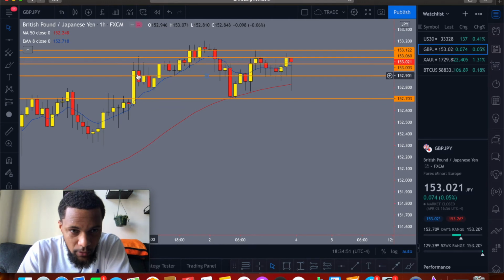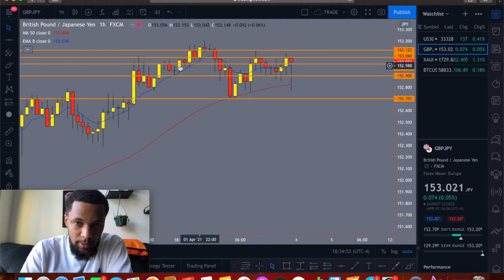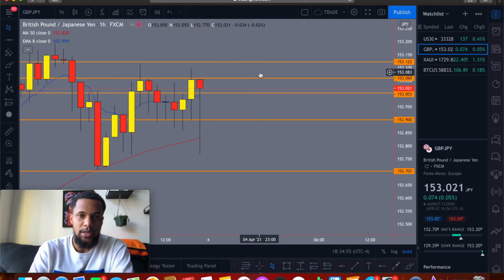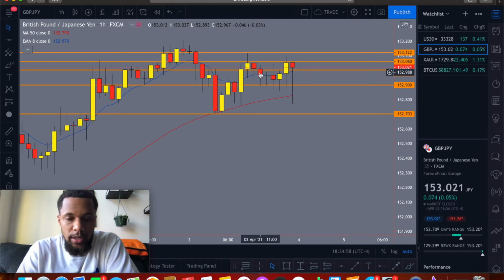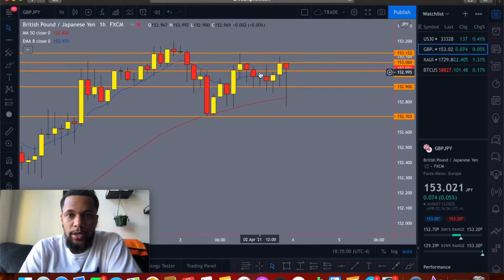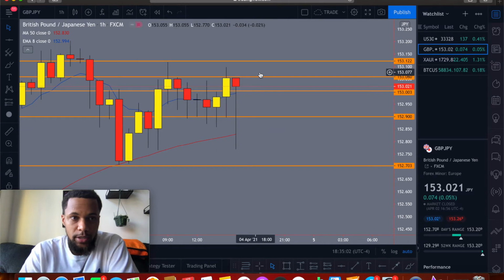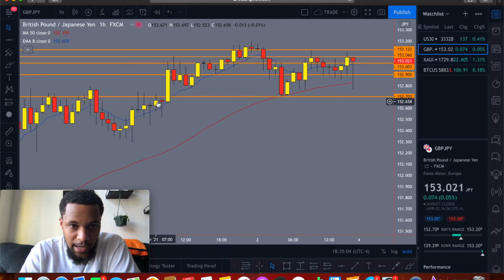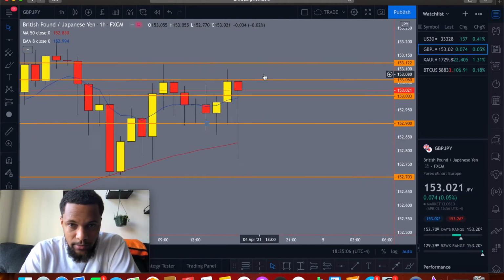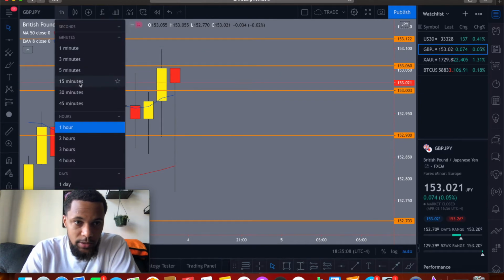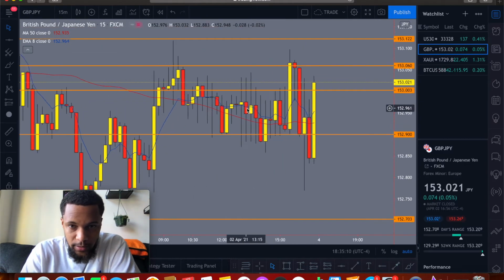We have touches of these wicks, right? Now again, as stated at the beginning, I'm looking for buys because we're in a bullish market. So now that I have these marked up, let's go ahead and go down to the 15-minute chart.